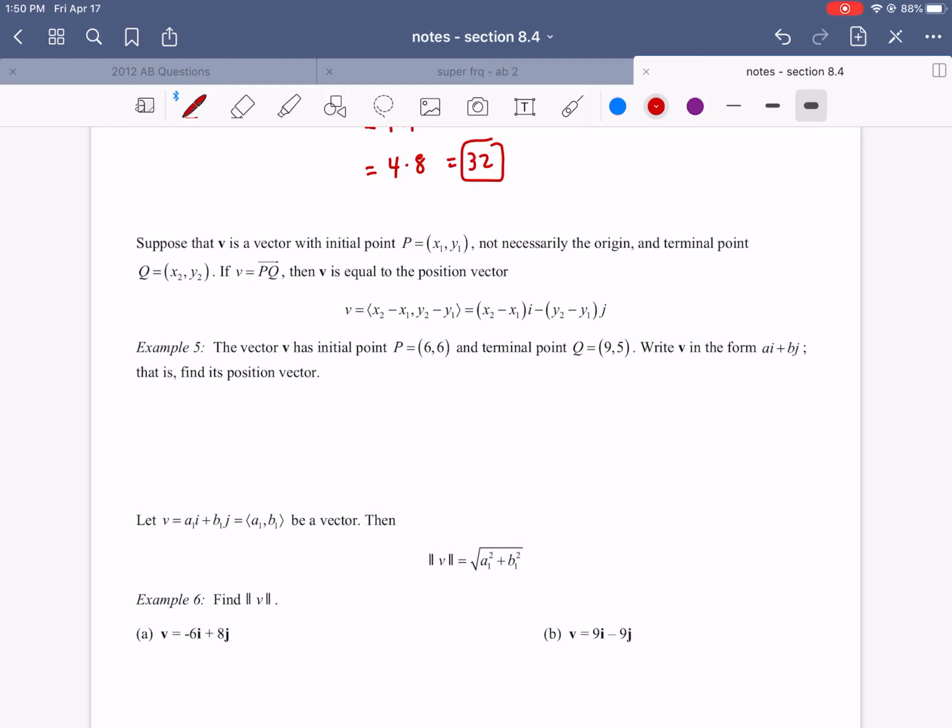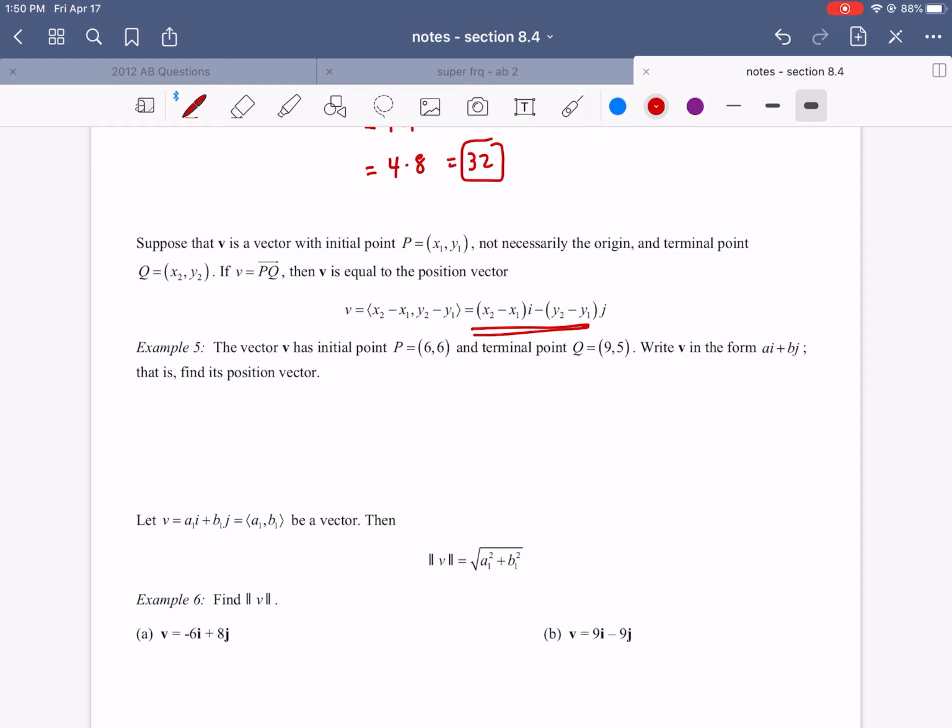And the second component is going to be the difference in the y-coordinates of those points. And then I'm going to introduce this new notation, this ij notation that's really common in physics and some other application fields. And that really just means that your i-th component is your first component and your j-th component is your second component of your vector.